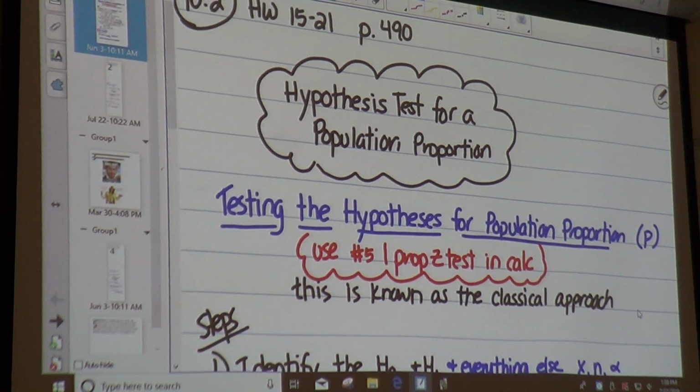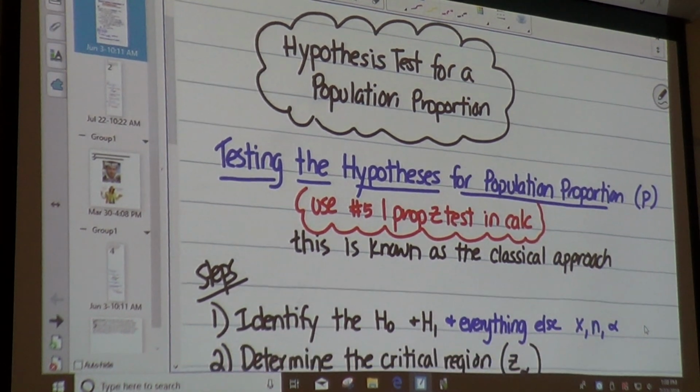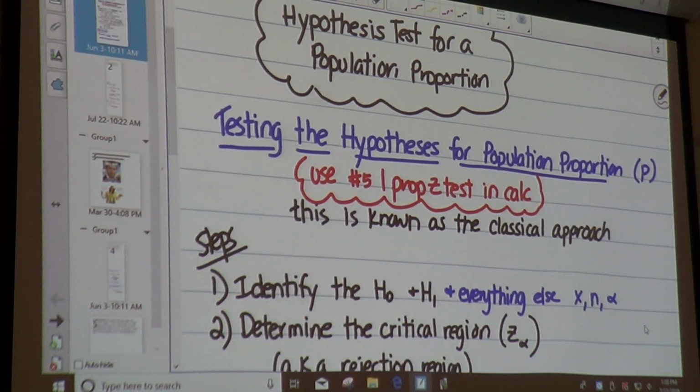So we're still going to have to do the H naught and the H1. We're just going to go further. Scroll up so I can let y'all copy. For your steps, you've got to identify the H naught, which we've already said has your equals.